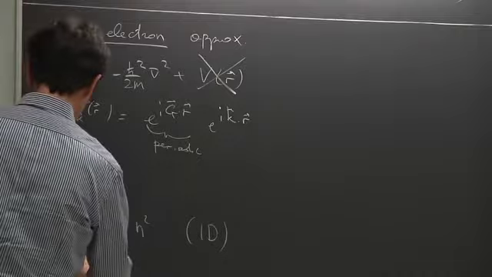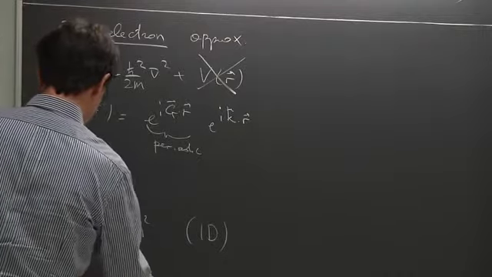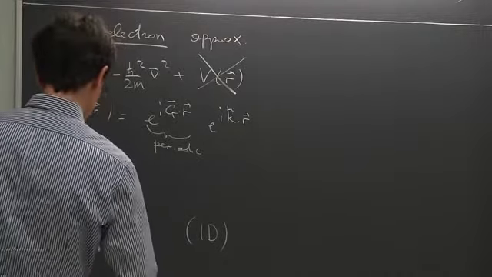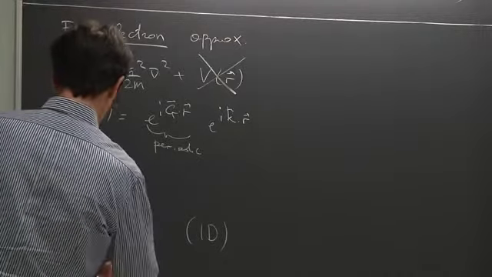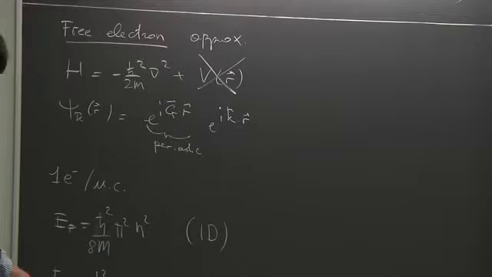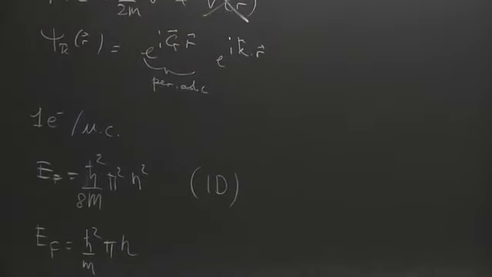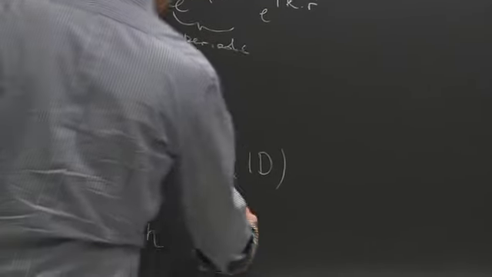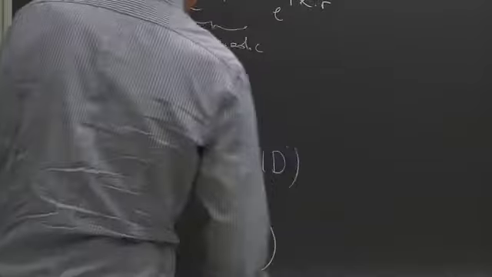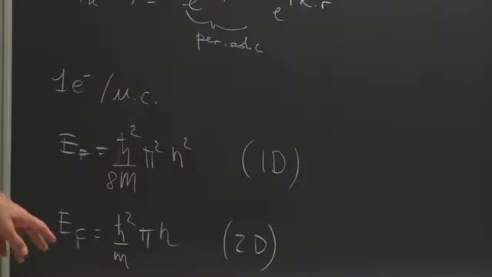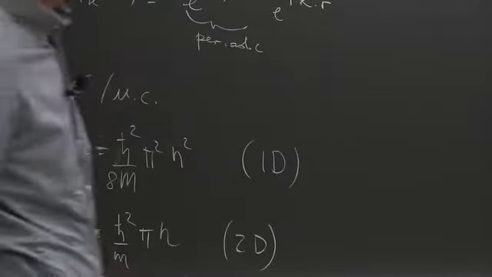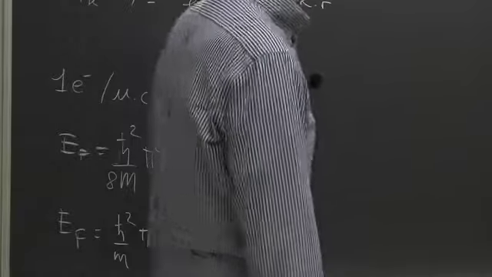And for 2 dimensions, there's an n. There is again h squared over m dimensionally. Pi? Pi. Great, thank you. So this is the 2-dimensional case. By the way, I invite you to double check in textbooks because I'm not so sure that we did everything properly.